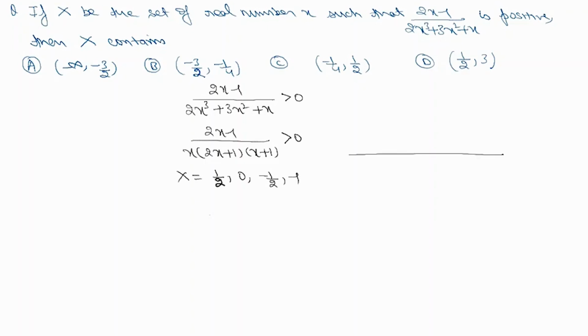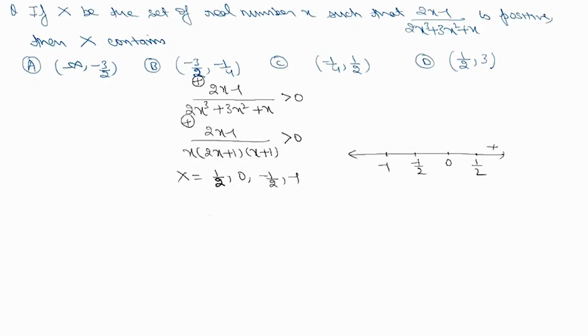Now place the roots on a number line in order. So the smallest value is minus 1, followed by minus 1 by 2, and then 0, and then 1 by 2. Now what is the sign of the rightmost? Here the coefficient of x is positive. Here the leading coefficient is also positive. So plus and plus, so rightmost is plus.